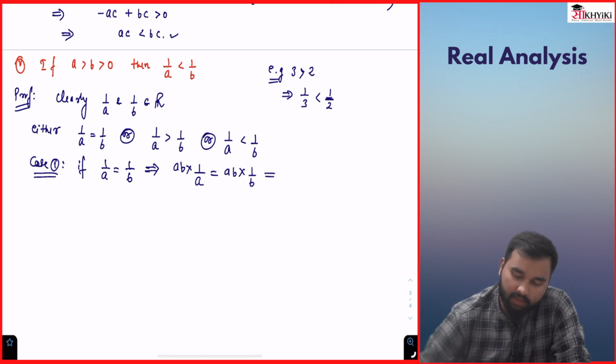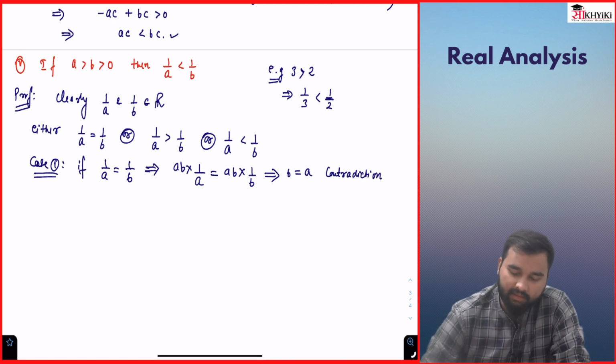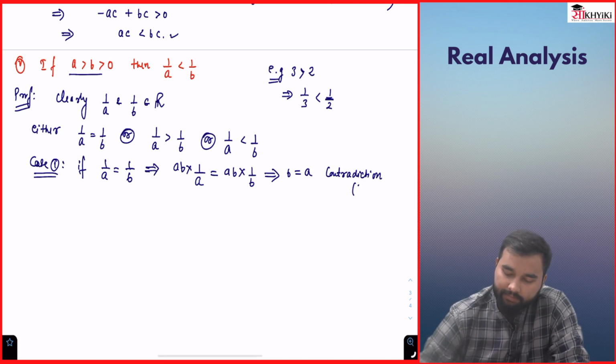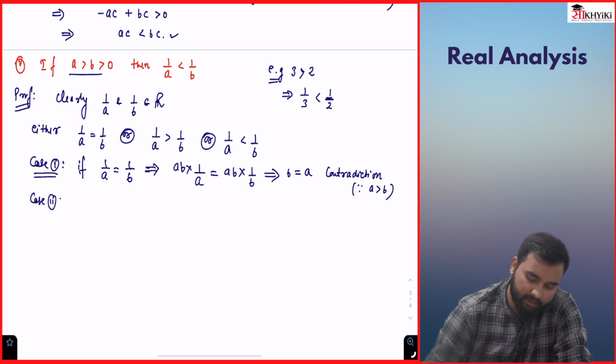This implies B is equal to A, which is a contradiction, since it is given that A is greater than B.